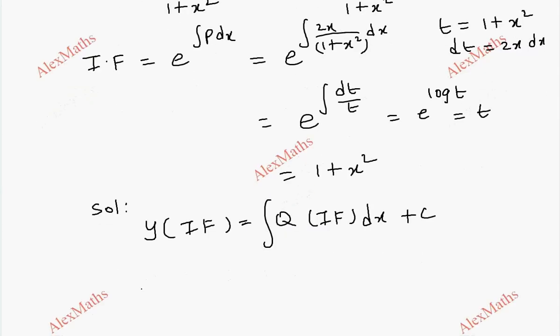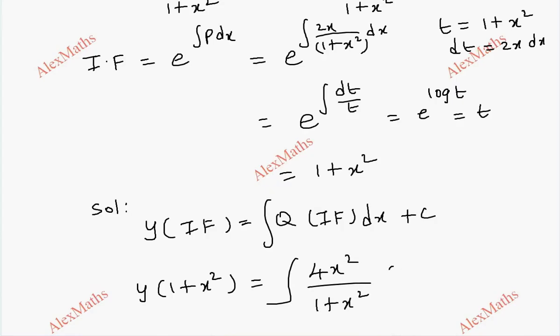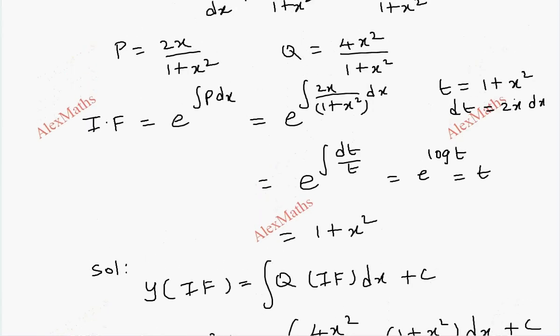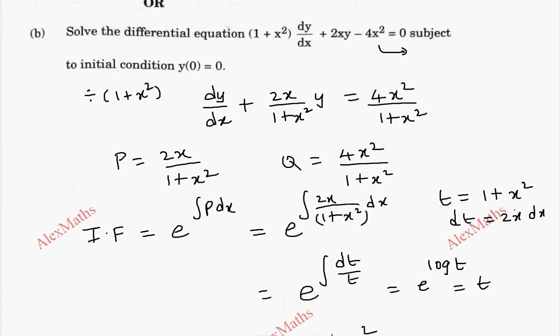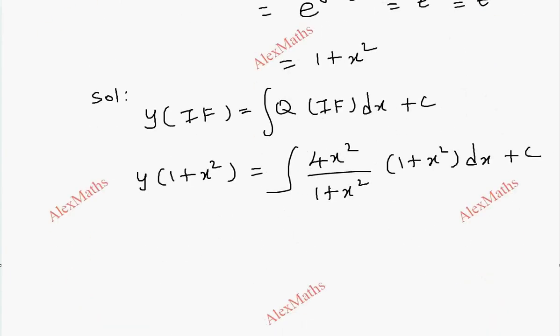So it is y into 1 plus x square equal to integral q, which is 4x square by 1 plus x square, and again we have 1 plus x square into dx plus c. So q, we copied 4x square by 1 plus x square. Now this gets cancelled, and we can integrate this: 4x cube by 3 plus c.